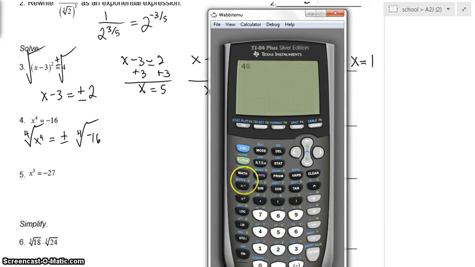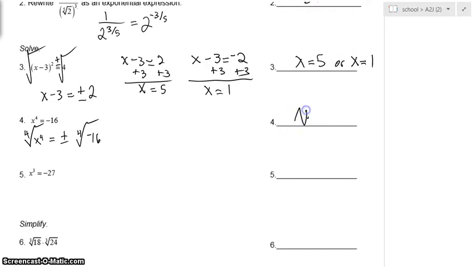But we could press 4, math, come down here to number 5, so take that 4th root of negative 16. You'd have to hit the negative 16 here. The calculator itself tells you there's no real root, so there's no solution.